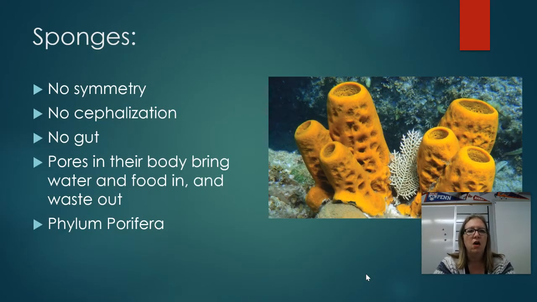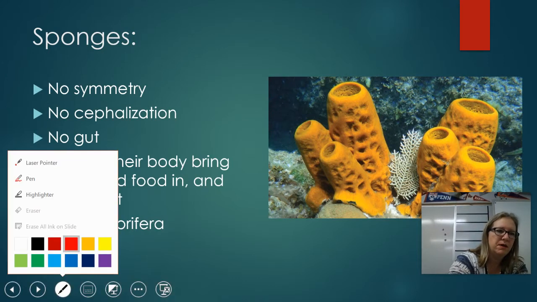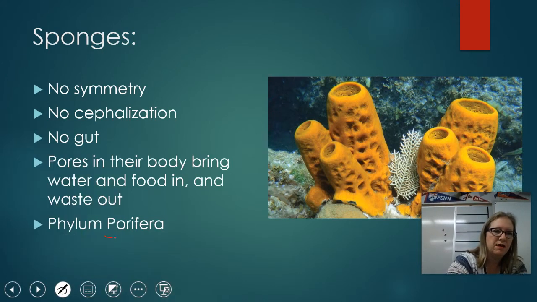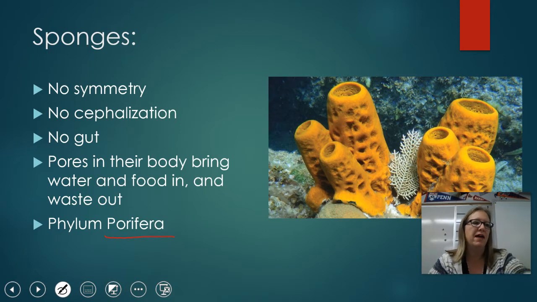So our very first phylum, it's down here on the bottom, let me get my pen, is Porifera, okay? And that is the sponges. There's no symmetry. They are asymmetrical. Remember we talked about the asymmetrical, bilateral, or radial. No cephalization, so there's no actual head region with those sense organs.